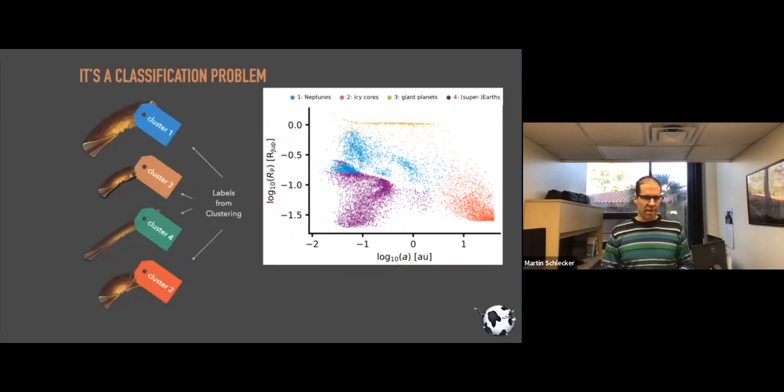And thanks to the cluster analysis before, we do have labels for these instances, for each disk, because we ran it many times, so we know which disk turned out to provide which planet type. And so we can use these labeled data as a training set and train a classifier on it that then hopefully predicts the cluster of a new instance that comes without a label.